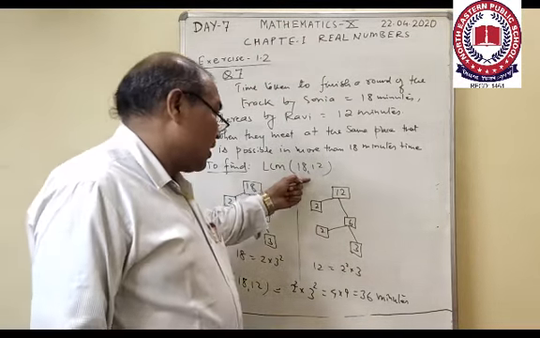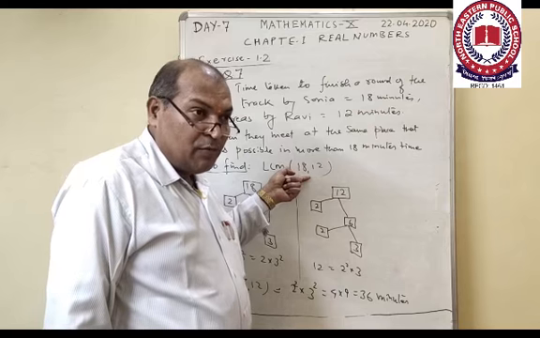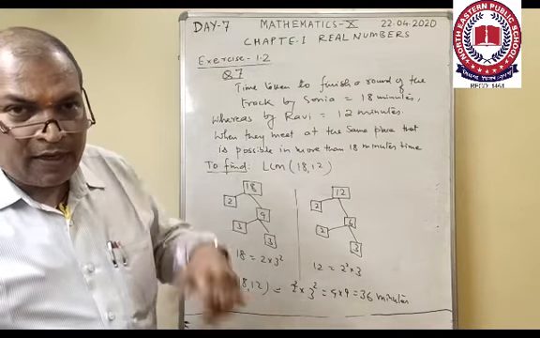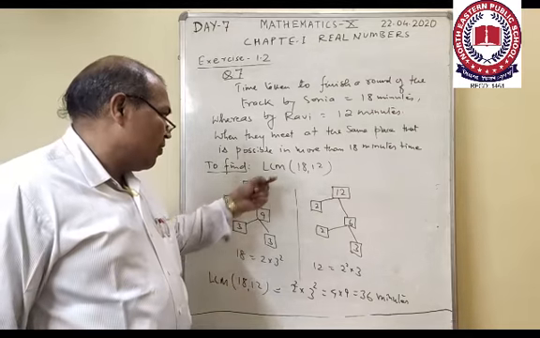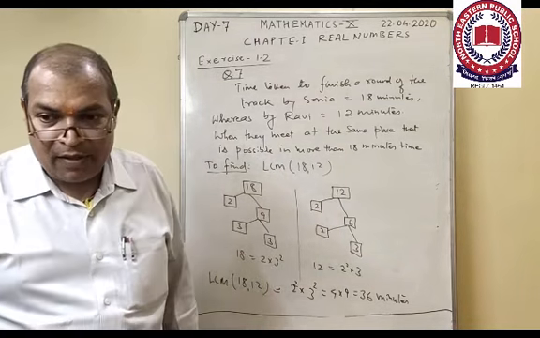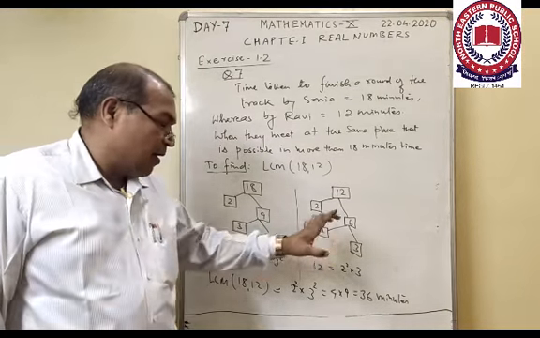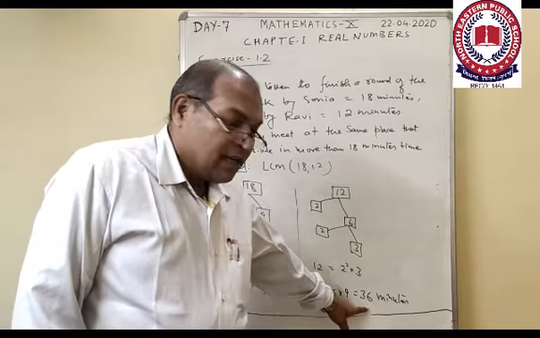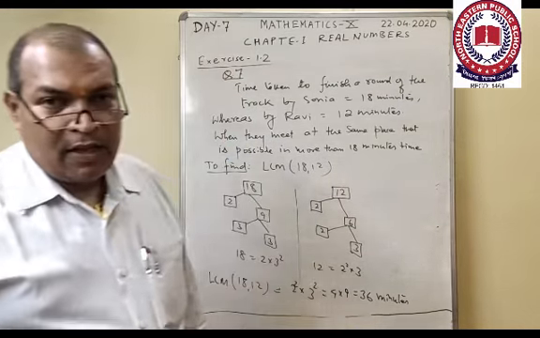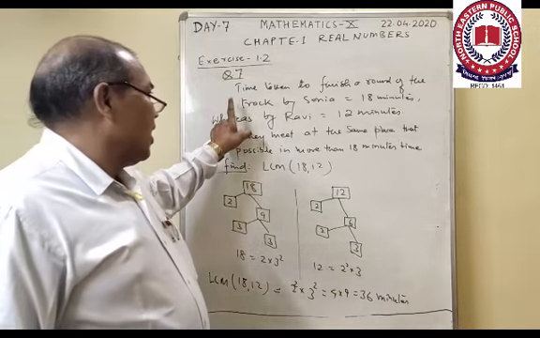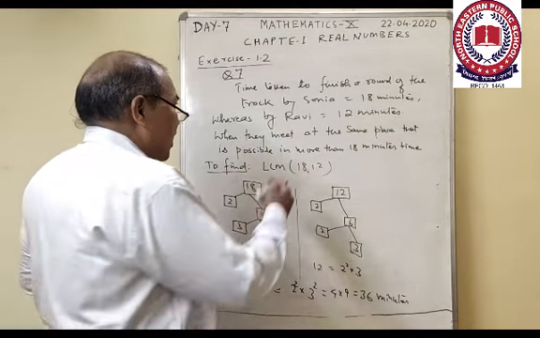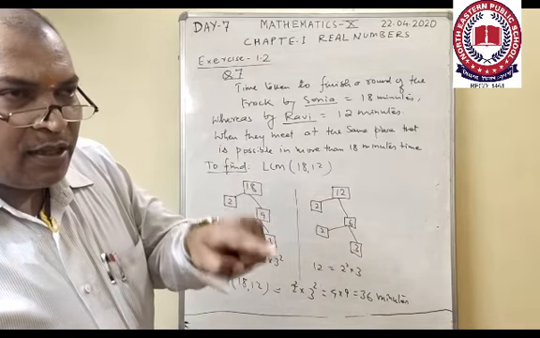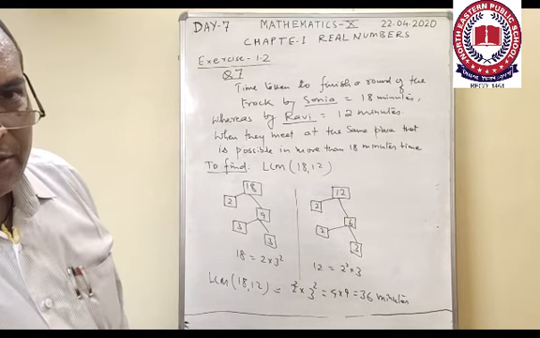So definitely the time taken by them to meet each other again will be more than 18 minutes. More than 18 minutes means it is very clear that you have to find the LCM of these two numbers. And then finding LCM by the method of prime factorization, we get that LCM is coming 36. It means Sonia and Ravi will meet each other on the track at the same place after 36 minutes.